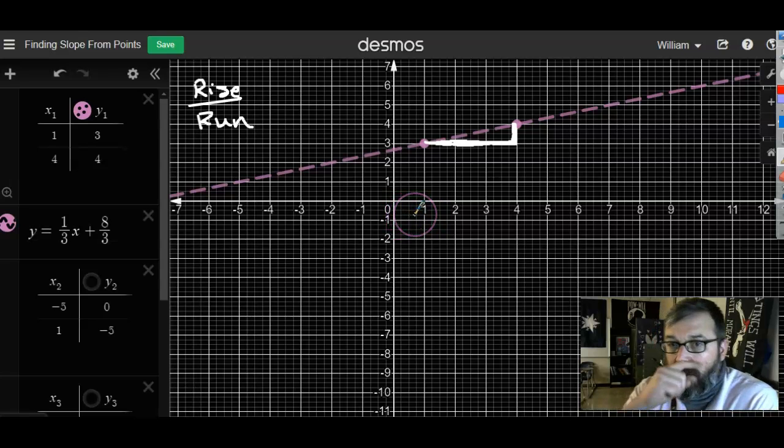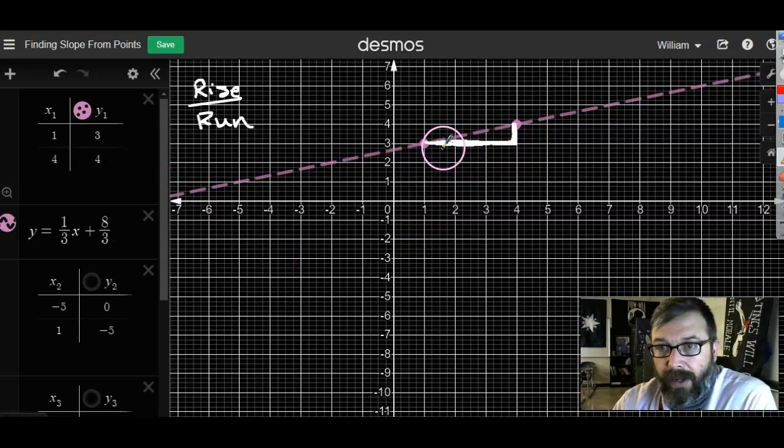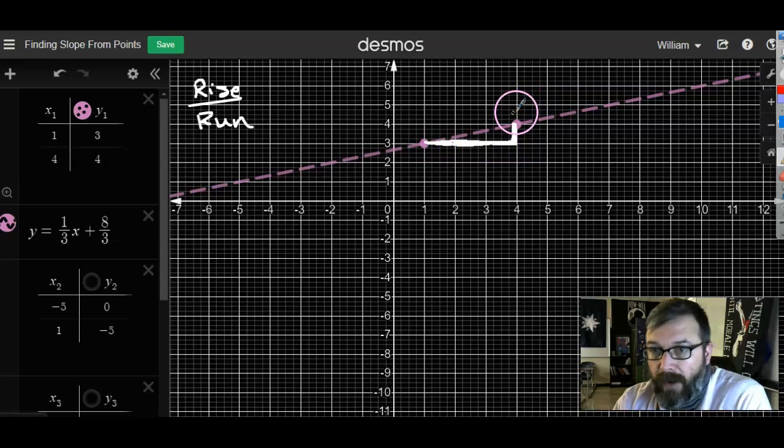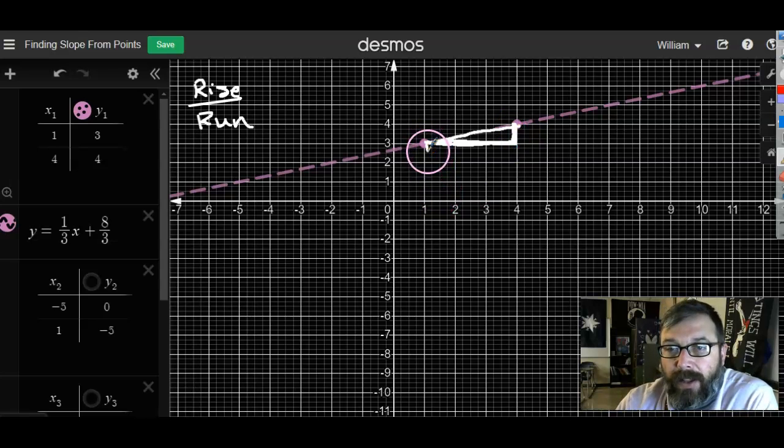So I want to talk about that for just a minute because reviewing it will help build for this subject. When I was figuring out my run, I made this triangle, and my rise, I made this triangle so I could actually see the change. I counted the lines, 1, 2, 3.